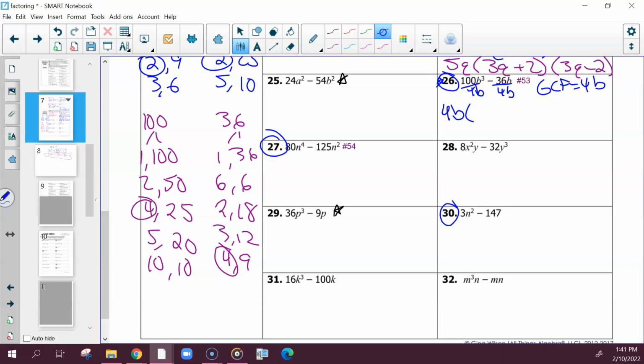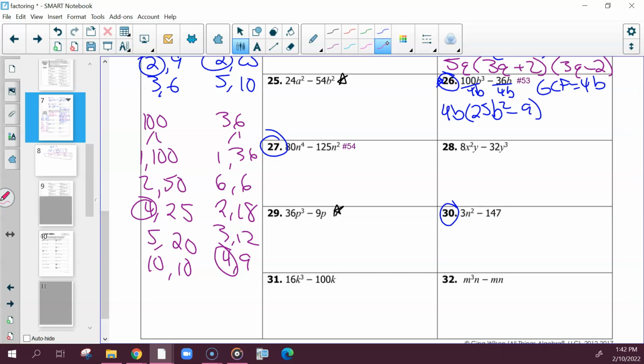Use the factor sheet to help you if you're not using your calculator. 100 divided by 4 would be 25. We're dividing by b. How many b's do we have left? Squared. And then 36b divided by 4b is 9, not the b. It's 9.